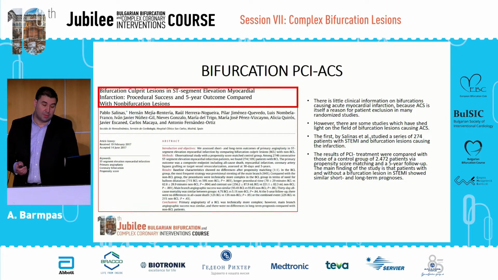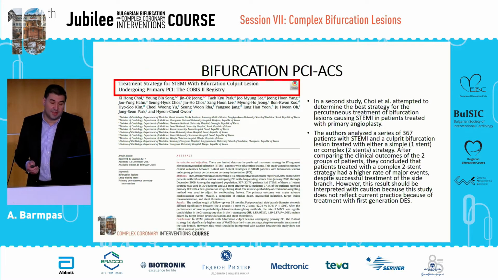The results were compared with those of a control group of 2,400 patients via propensity score matching and a 5-year follow-up. The main finding of the study is that patients with and without a bifurcation lesion in STEMI showed similar short and long-term prognosis.